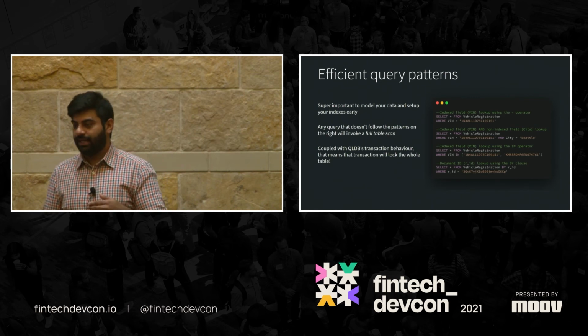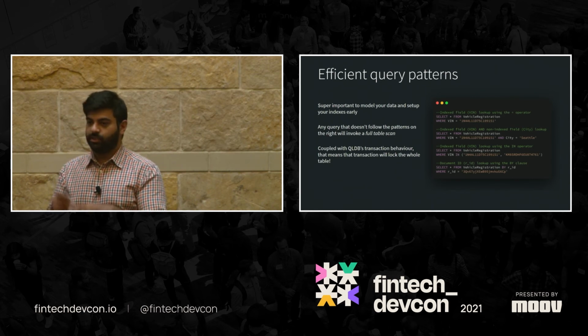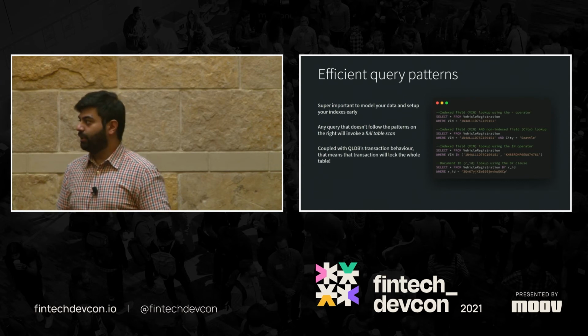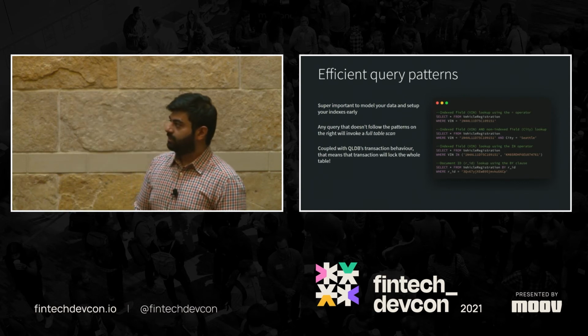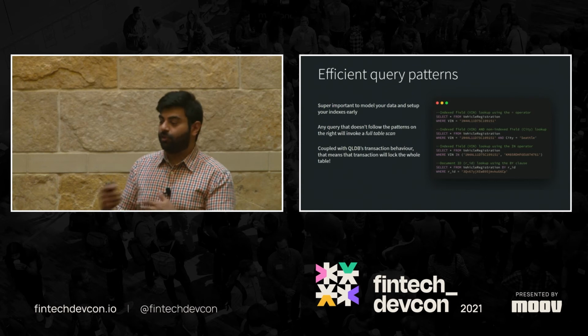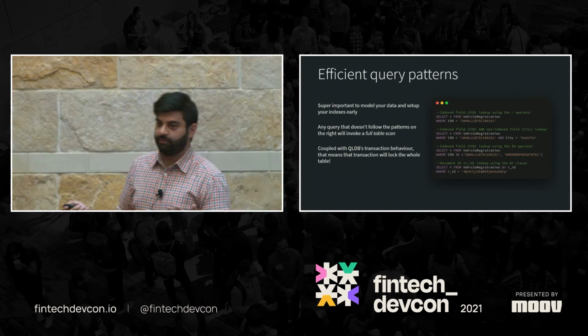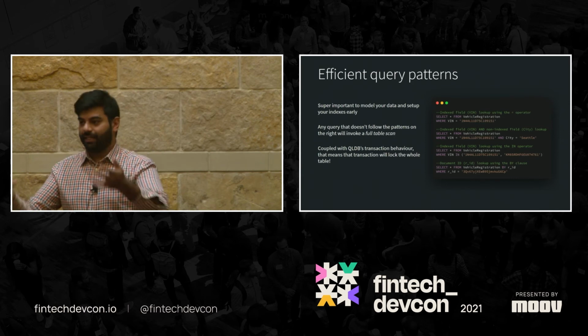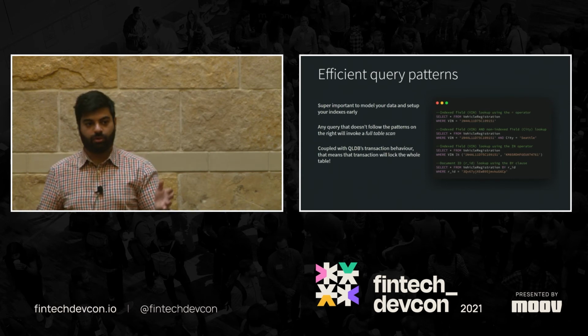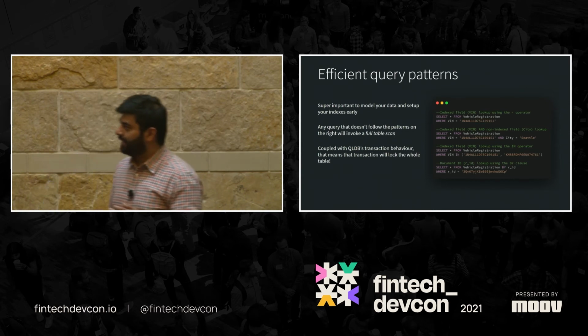QLDB lets you do a scan, and there's no way to stop someone doing a scan. And sometimes it can be hard to tell if you're doing a scan or not, because these are the simplest versions of those queries, but there are more complicated versions where real code would have more complex queries, and you're like, do I fit into these patterns or not?